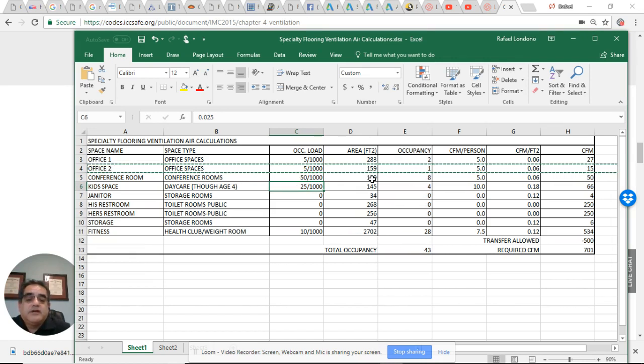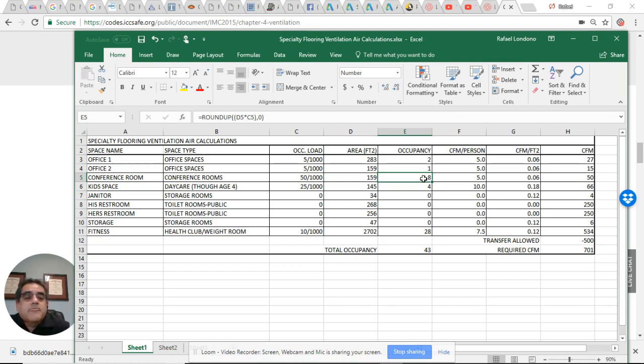The area is not 159. You know what? Actually, it is. Because that's the room that they made two of the same size. So the area is 159. And then it calculates here that I'm going to have 8 people in this conference room. Makes sense. It's bigger. They have a table with more chairs instead of a desk for one person plus a chair for somebody who's visiting.